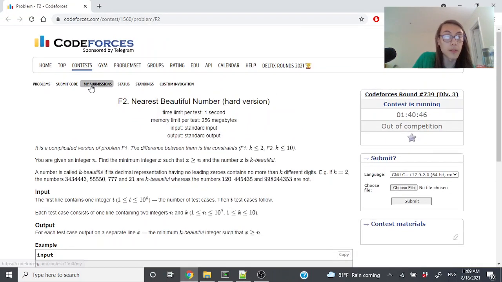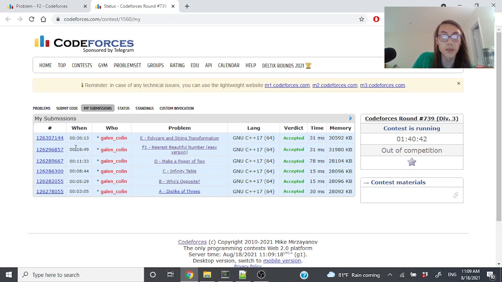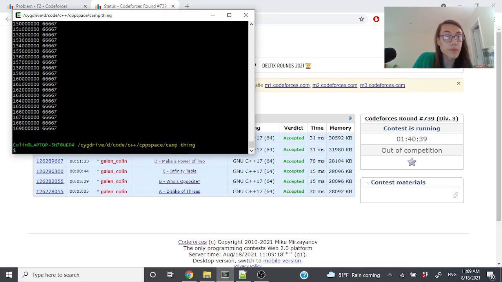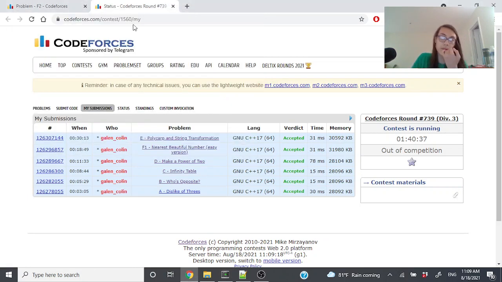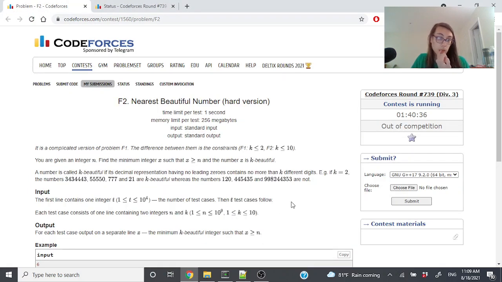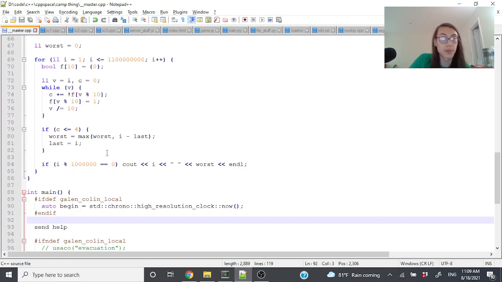Okay, let's copy my code for F1 and add some code for... Actually, how does this work? Okay, beautiful integer. Okay, so if k is big enough, we can brute force, I'm guessing.